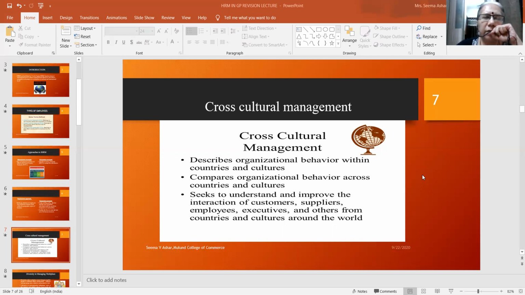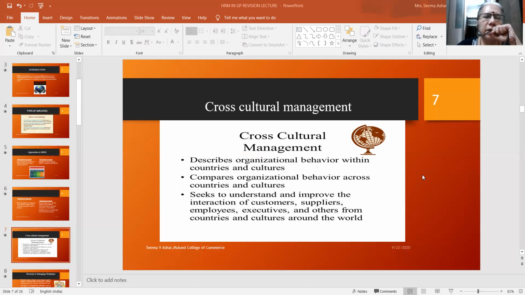So you will have a mix of employees from different countries, following different cultures, different religions, speaking different languages, having different styles of working, and so on. So it becomes very challenging for the global HR manager to manage this kind of diverse workforce. So this is cross-cultural management.